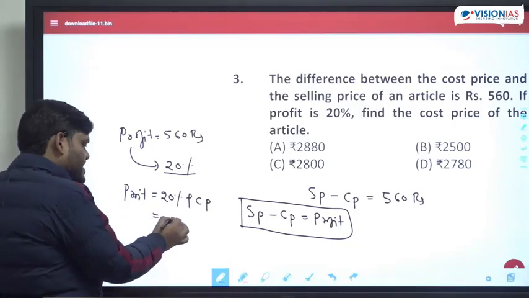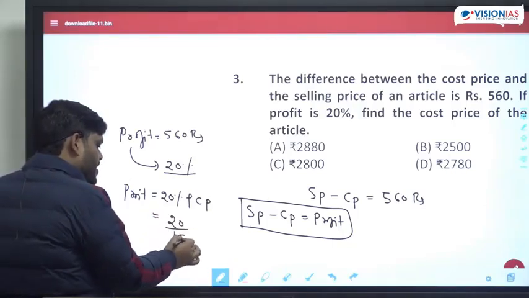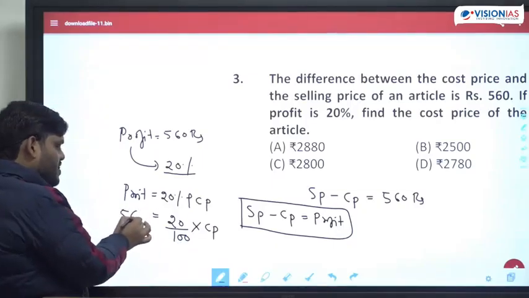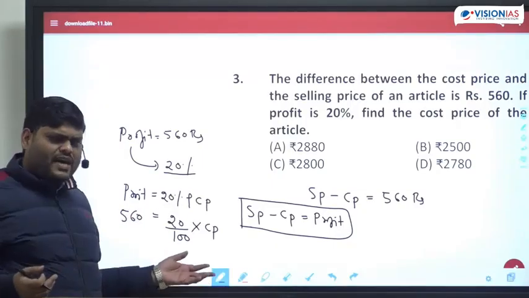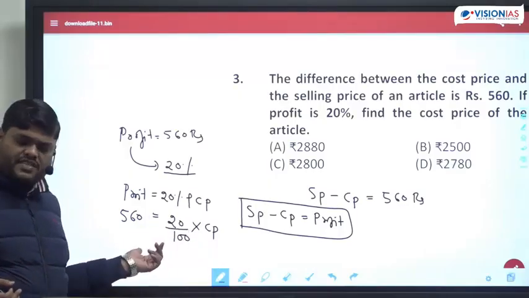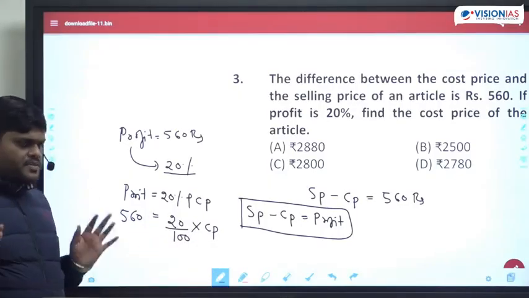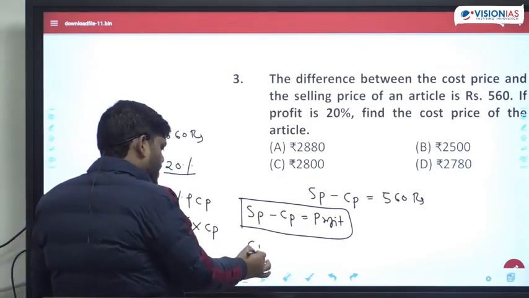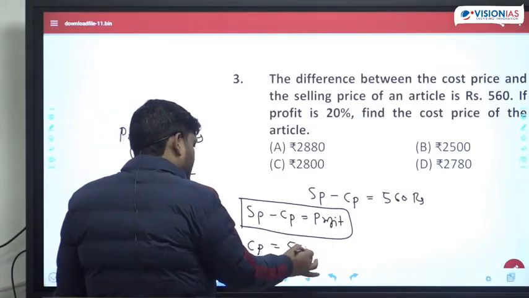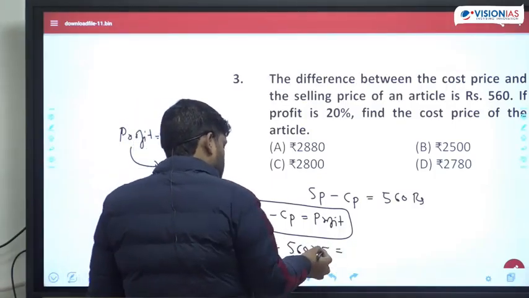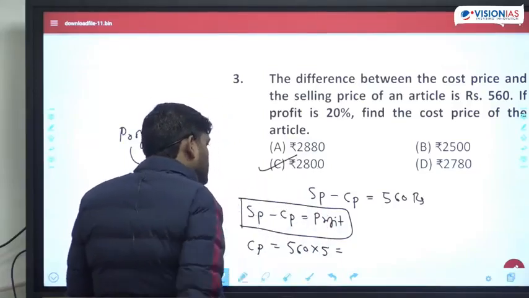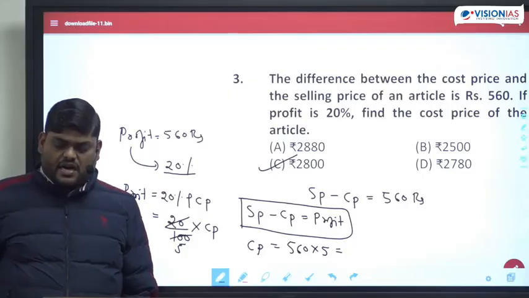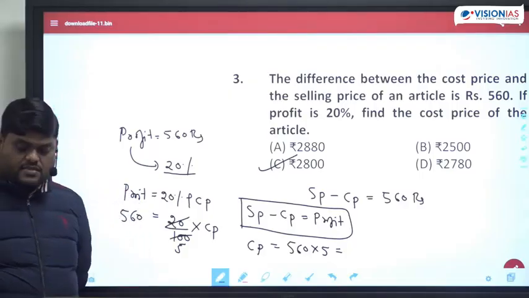So I can say 20 upon 100 multiplied by CP is given as 560 rupees. Or you can find 20% of CP is 560, then 10% of CP, then 100%. Or else, CP is equal to 560 into 5, so 2800 is the correct answer. Any doubt you can ask?